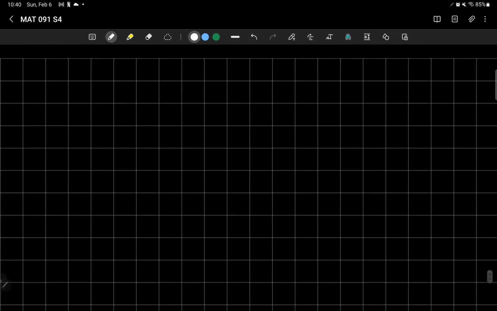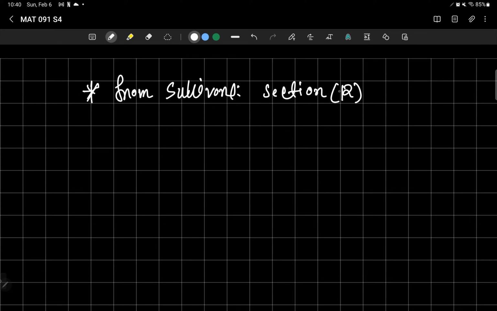So from Sullivan, section R, that means the review section, from page 17 to 81.